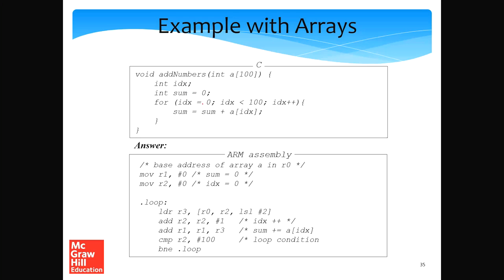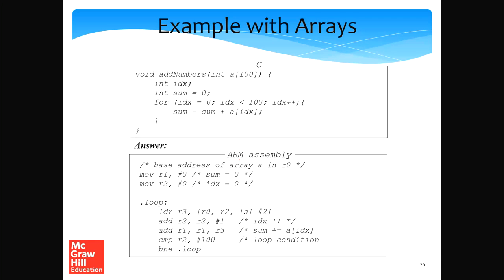The index moves from 0 to 100, so we iterate through all the elements in the array, and we do sum equals sum plus A[idx], which essentially means we are adding all the elements of the array to the sum. The final output will be there in the sum variable, and the sum variable can be returned as well, but I'm not showing that.